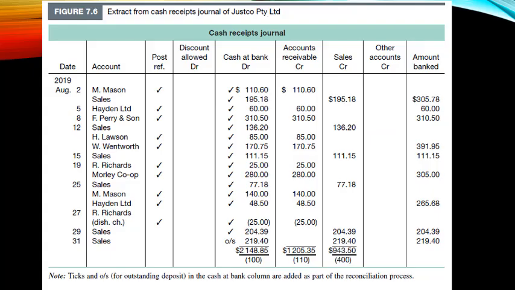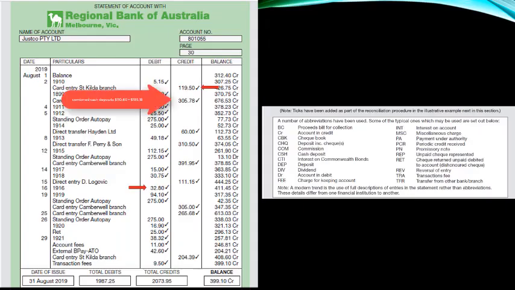I'll show you the next slide. It's pertaining to the cash receipts journal. As you can see, in the cash at bank column there were ticks. If you cross-check these, for example $110.60, we'll go back to the previous slide. You can see here those amounts which had been cleared by the bank.